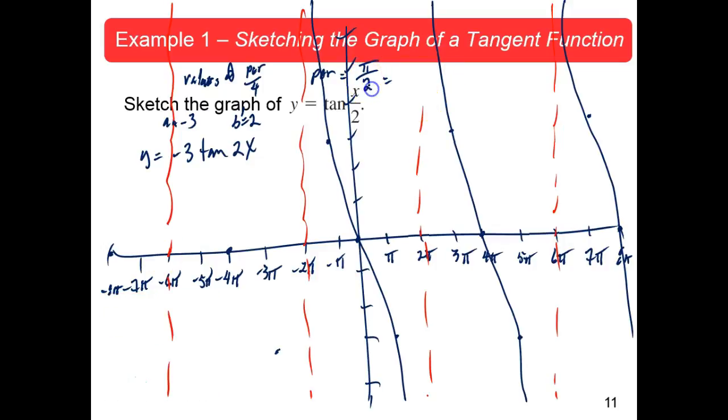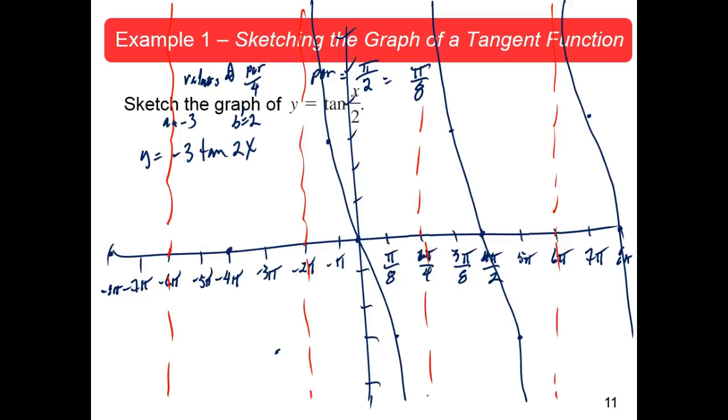The period is pi over 2, which is pi halves. You divide that by 4 and you get pi eighths. So that would be where my tick marks would be. This would be pi eighths, pi fourths, 3/8 pi, pi halves. Okay, and on like that. It just changes the scale of things.